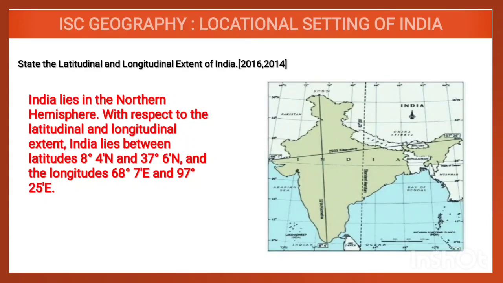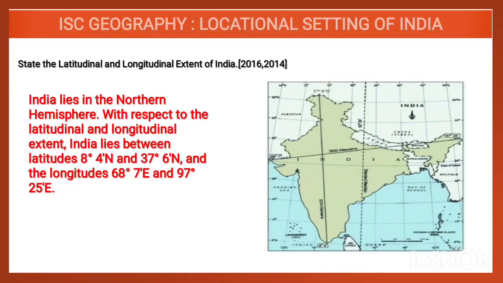This one is the southernmost point of the mainland of our India. Actually, 6 degree 45 minute north is the southernmost point of our India, which is Indira Point. And in 2004, due to the tsunami, it got submerged.